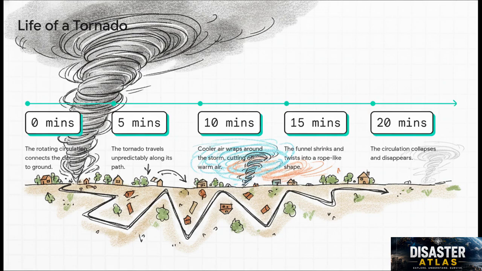Starved of its fuel, the rotating circulation shrinks. That massive, wide funnel narrows into what meteorologists call a rope stage, where it gets really thin, twisted, and snake-like. Finally, the circulation just collapses and disappears completely. Though it's definitely worth noting that very same parent supercell storm could always cycle back up and drop another tornado later on in its path.